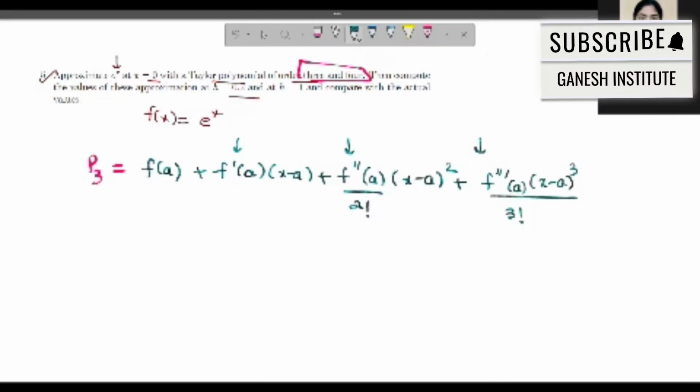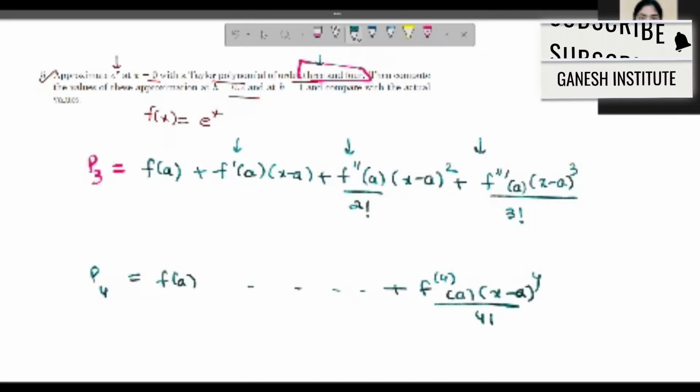So these are three derivatives, so three order. You'll elaborate it, and then you'll find the polynomial for the fourth order. Everything will be the same, and then you will expand it for the fourth value also: f fourth order, x minus a raised to 4 divided by 4 factorial.